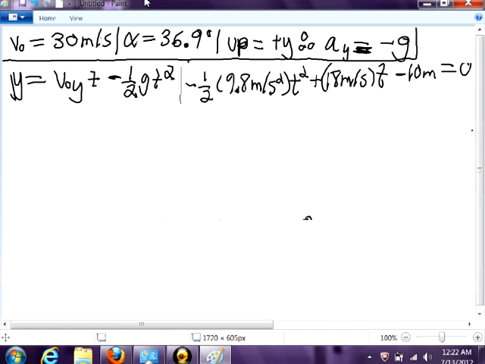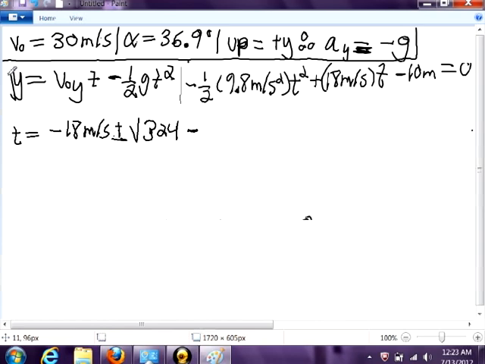Okay, so anyway, now we can go about solving this quadratic equation. So t is equal to minus b, which is minus 18 meters per second, plus or minus the square root of b squared, which is 18 times 18, about 324, minus 4AC.